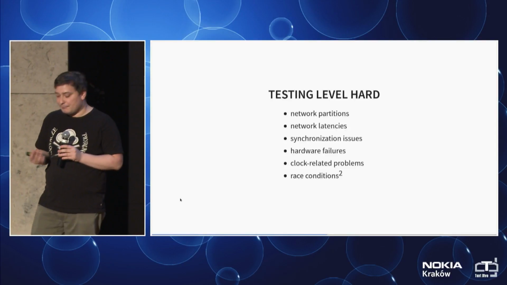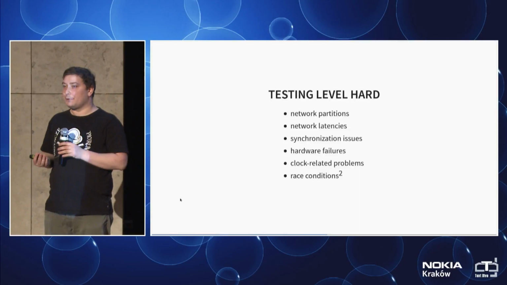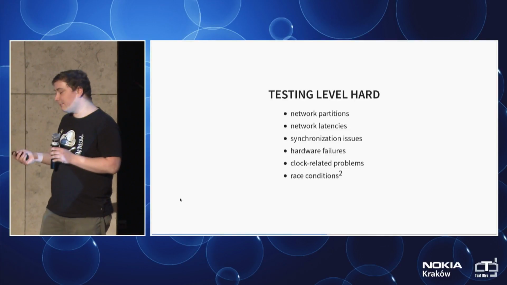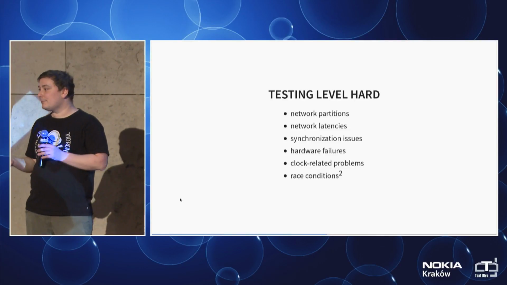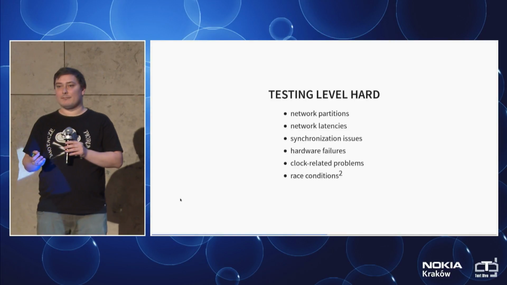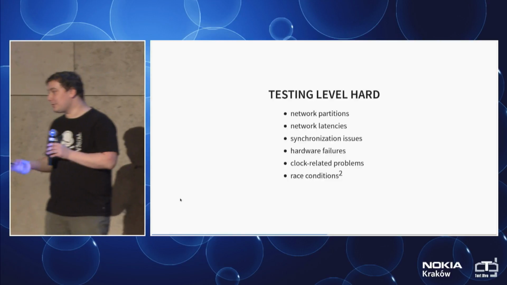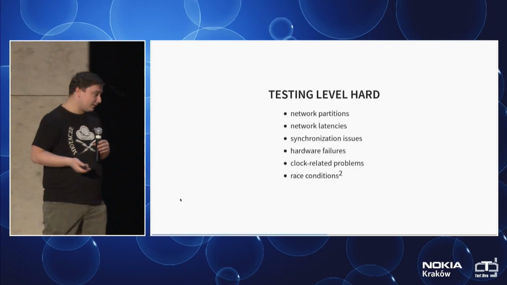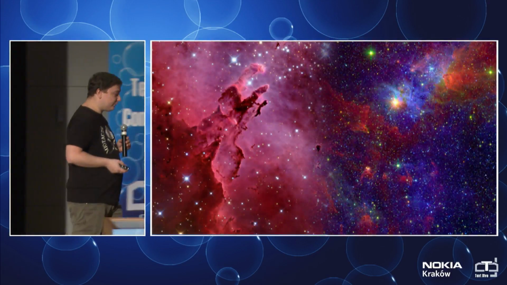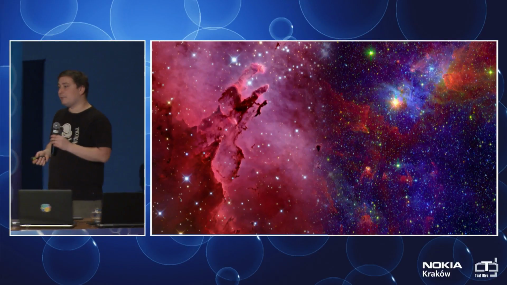Another question to you: how many particles do we have in the observable universe? Any ideas? It's many, right? Many is a good answer. And it is also a good answer for the question, how many failure scenarios and edge cases do we have when the application is distributed?